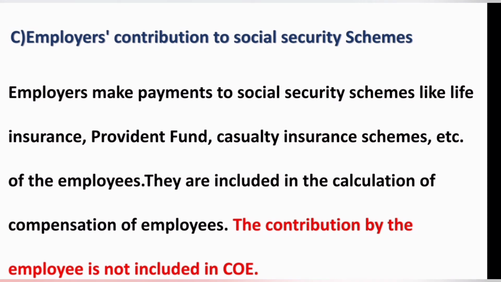A part of this deposit is made by the employee. In provident fund, a percentage is paid by the employer, another percentage is paid by the employee. Whatever is the employee's contribution is not considered in compensation of employees, but whatever is paid by the employer to the employee with regard to social security scheme is counted in compensation of employees.